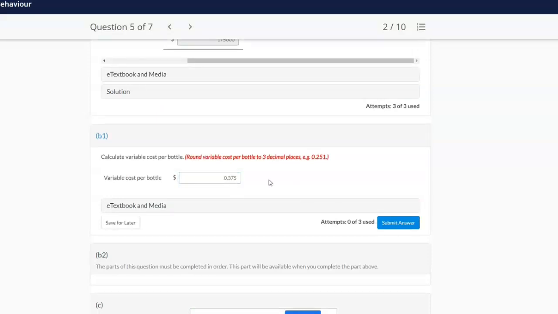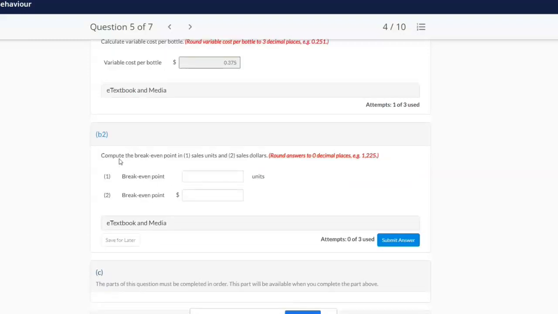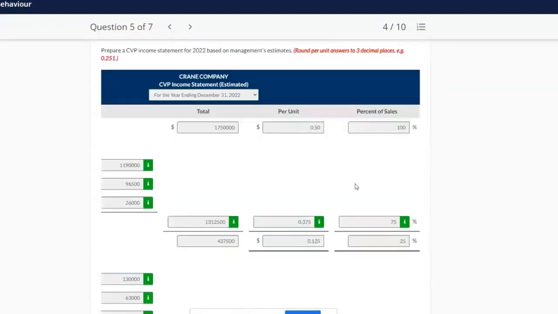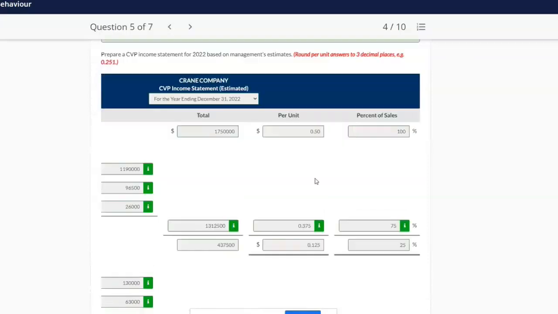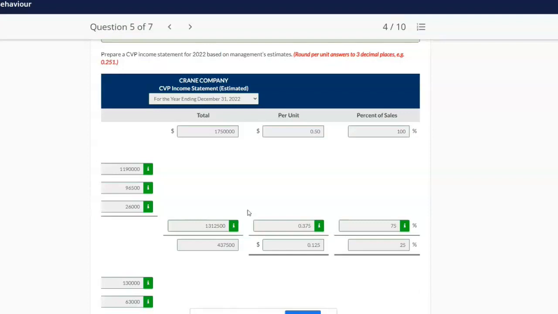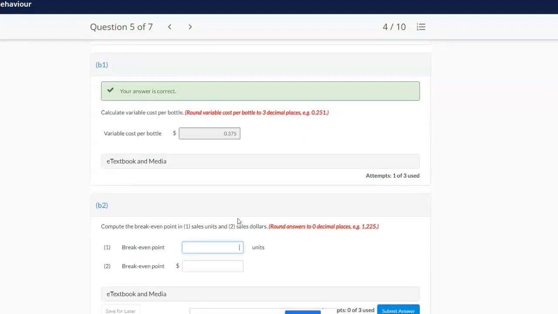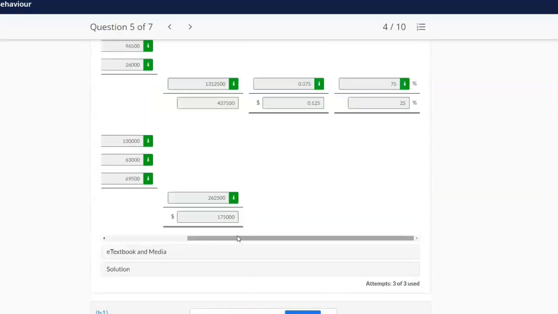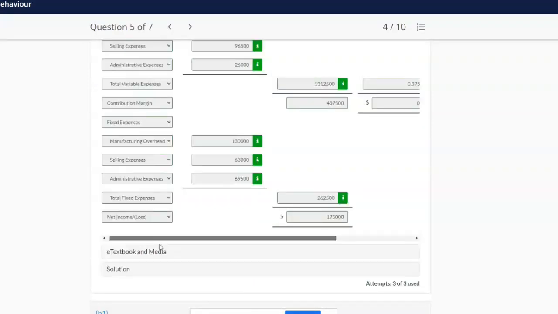Compute the break-even point in sales units and sales dollars. Now, how many units to cover the fixed costs? You divide the fixed by the unit contribution.